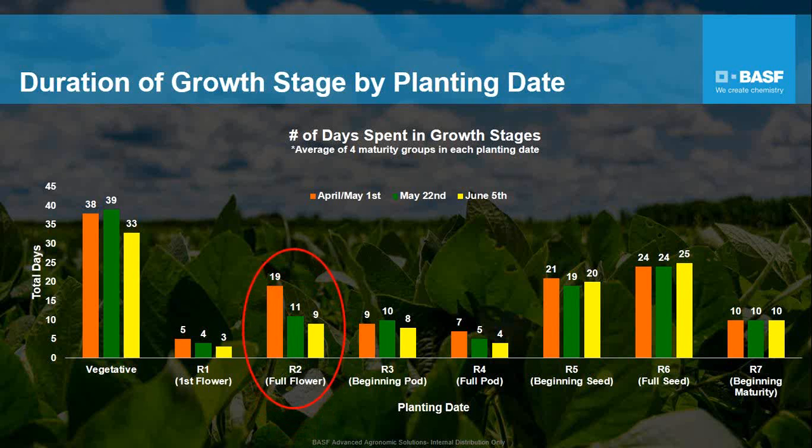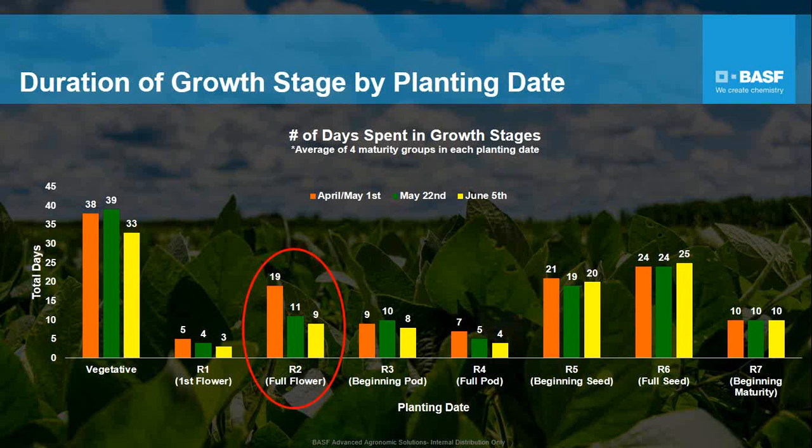Now, I'm going to put a red circle around R2. You'll note that at R2, which is full flower, the time the beans are going from about boot top tall up to, say, mid-thigh in height, we picked up an extra 8 to 10 days of growth in the R2 stage. Why is that important? Well, with soybeans, it's all about getting nodes on the plant.